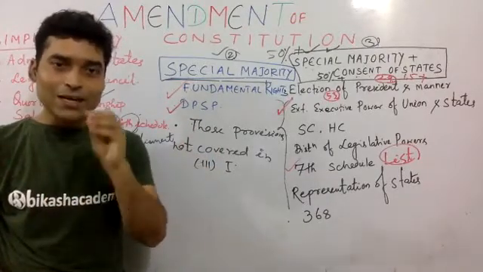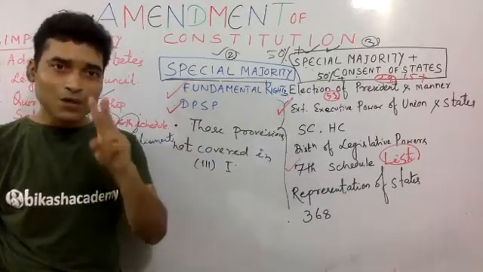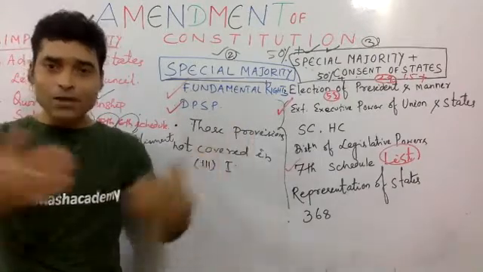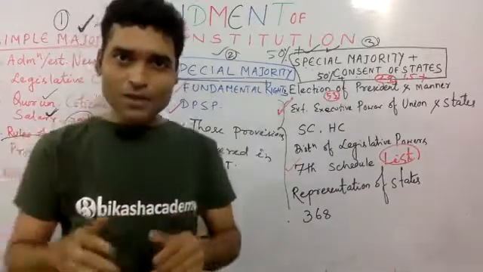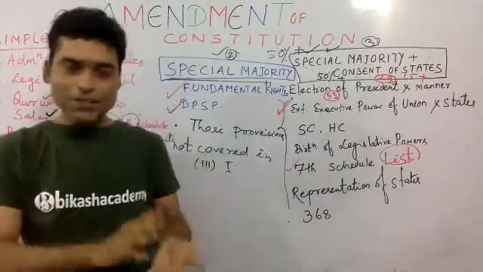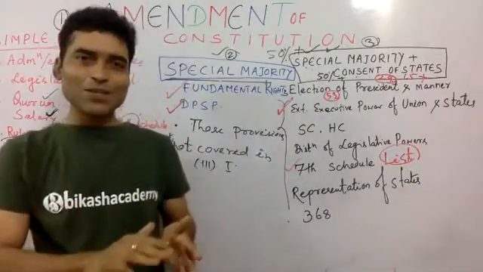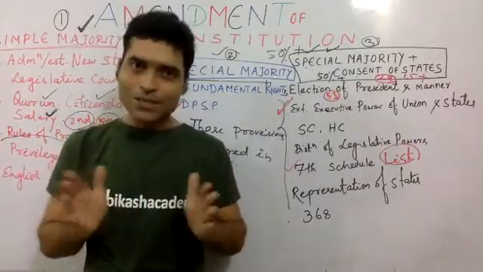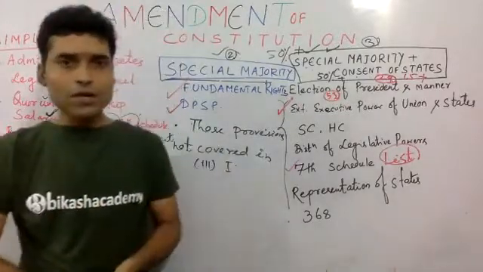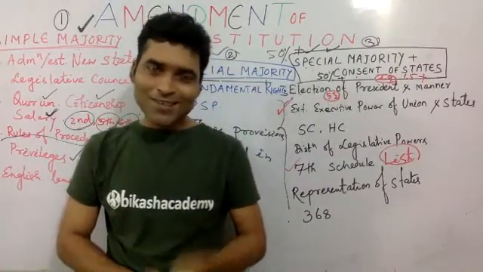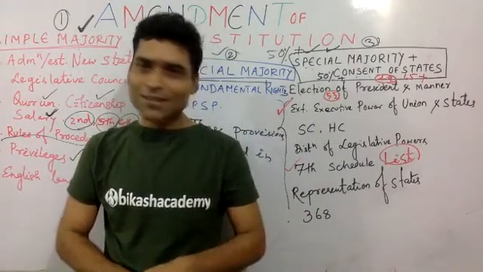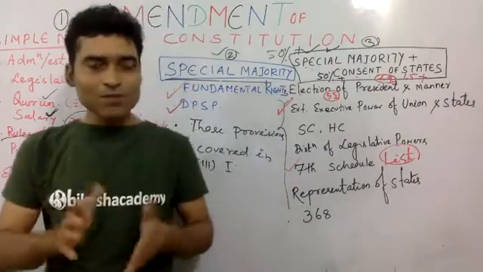But originally Article 368 talks about 2 procedures. But if you take all other articles, you will find 3 types of amendment. One is simple majority, special majority, and special majority plus consent of states. I hope this is clear. And sometimes they also ask about the source of amendment procedures, South Africa, right? This is the thing you have to remember from the exam point of view.